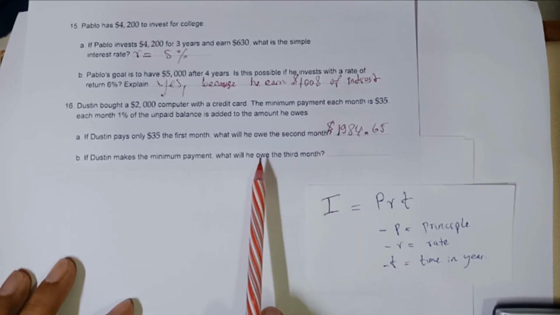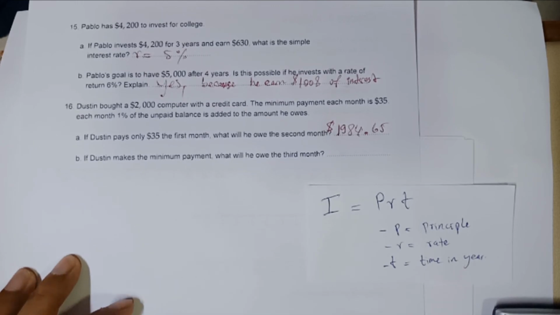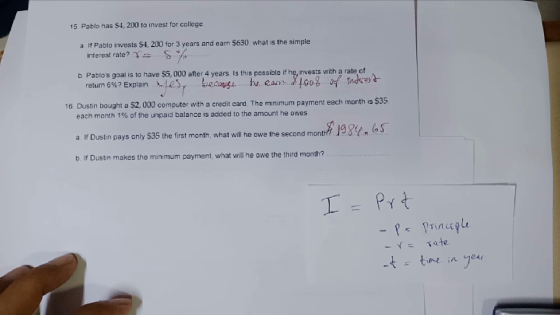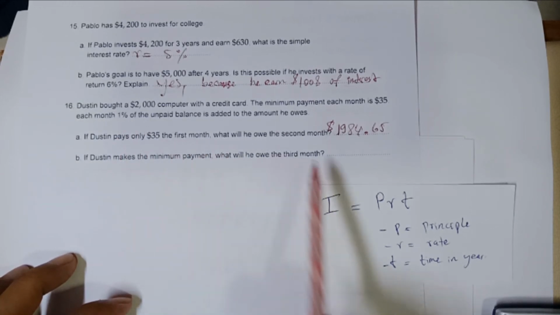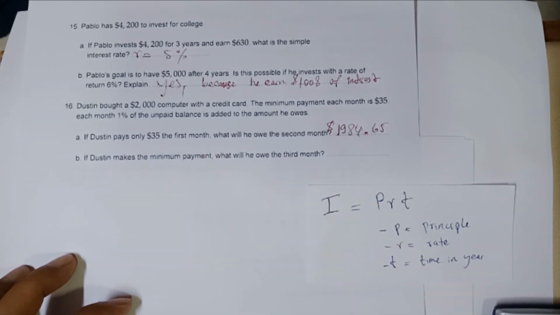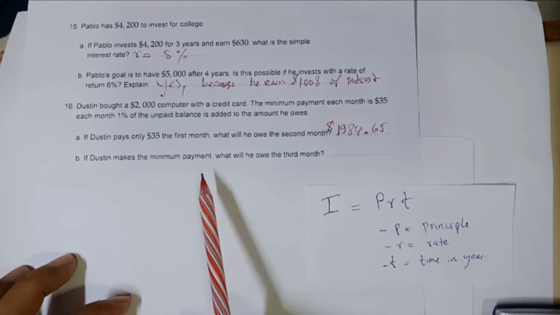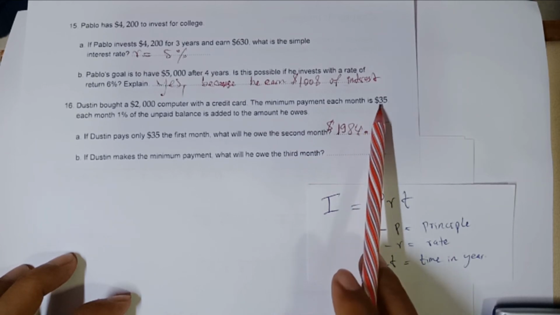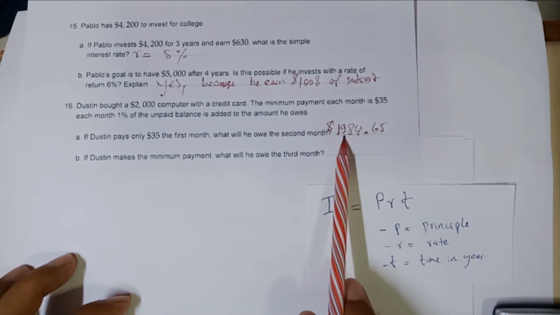Now let's try to find the second month he pays. After he pays the second month, in the third month he will owe again after 1% is added to what he owed. Now let's try to find what he owed after the second month. Again, second month he pays $35.